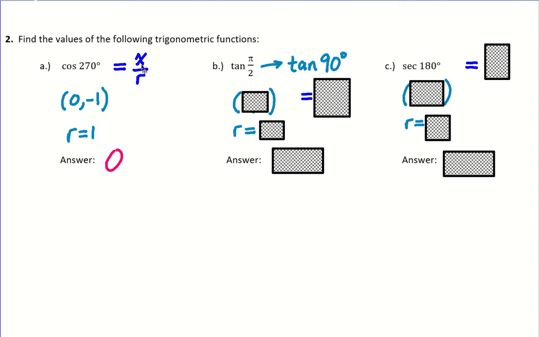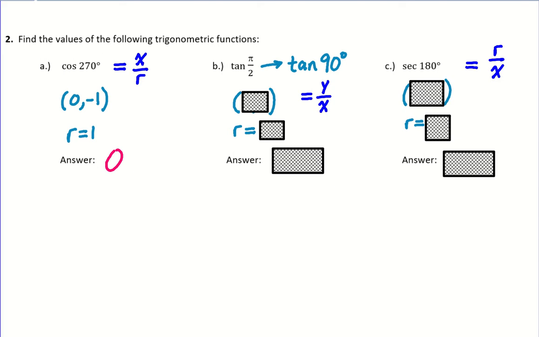For the test, you're basically dead in the water if you don't know all of these definitions. If you don't know that the cosine is x over r, and the tangent, for example, is y over x, and the secant is the flip of the cosine, and therefore r over x, if you don't know all 6, or maybe I can put it in terms of, if you don't know the big 3 and which ones you flip to get the other 3, you are in big trouble.